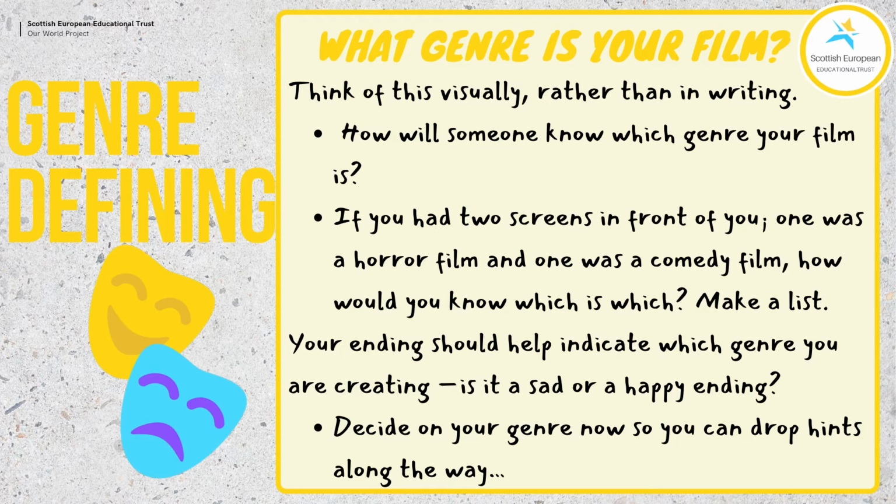Now, I'd like you to, in your groups, make a list of how you would know one film is a horror film and one film is a comedy film. So think about things like lighting, think about the expressions on people's faces, think about the music that might be playing in the background. I want you to consider these things when you're telling us what genre the last film you watched was.